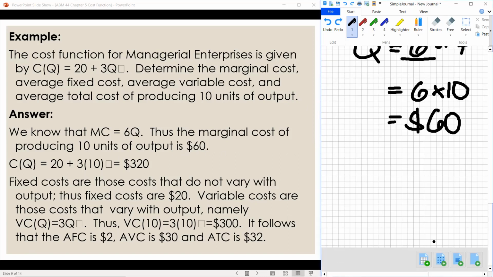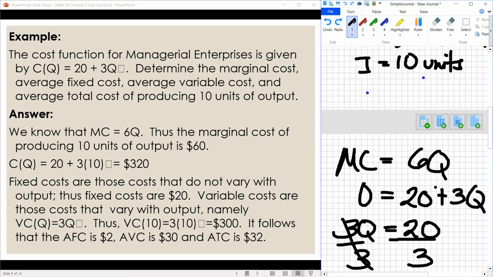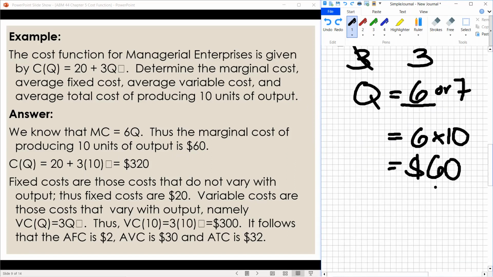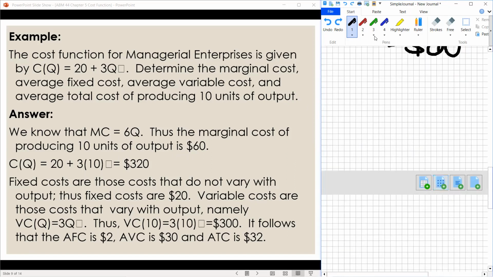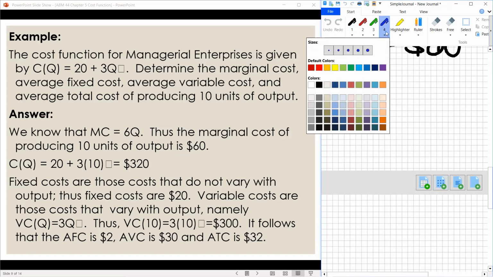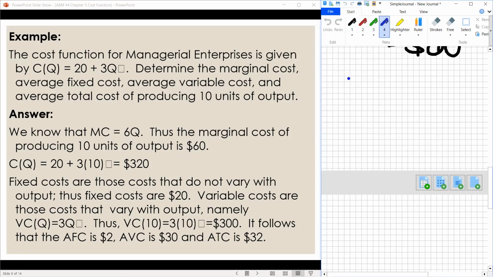So let's continue with our formula. Just a continuation, I'll just color it blue. So we have C of Q, given the 10. So 3 times 10. So this is actually Q. I'll just put 10 there. So let's look for the answer.